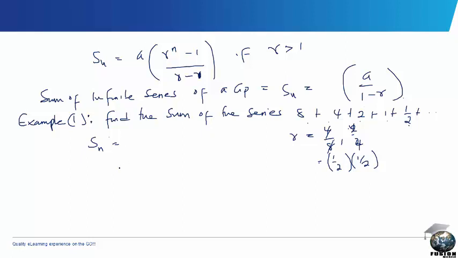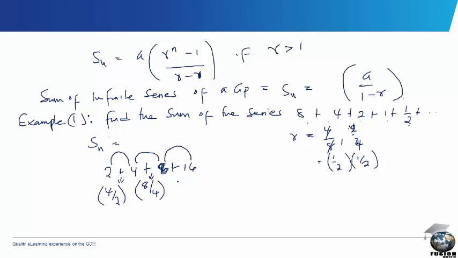If you have a geometric series like 2, 4, 8 and 16, to find the ratio between these terms, you say 4 over 2, and then 8 over 4, and then 16 divided by 8.